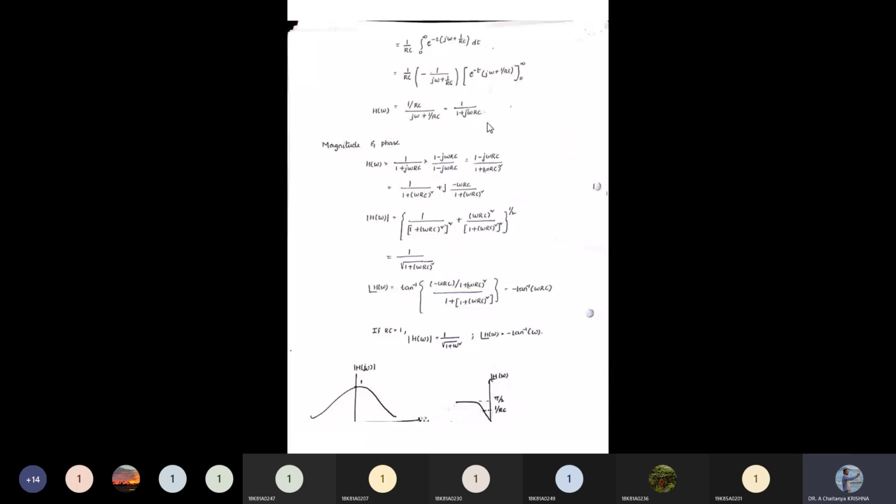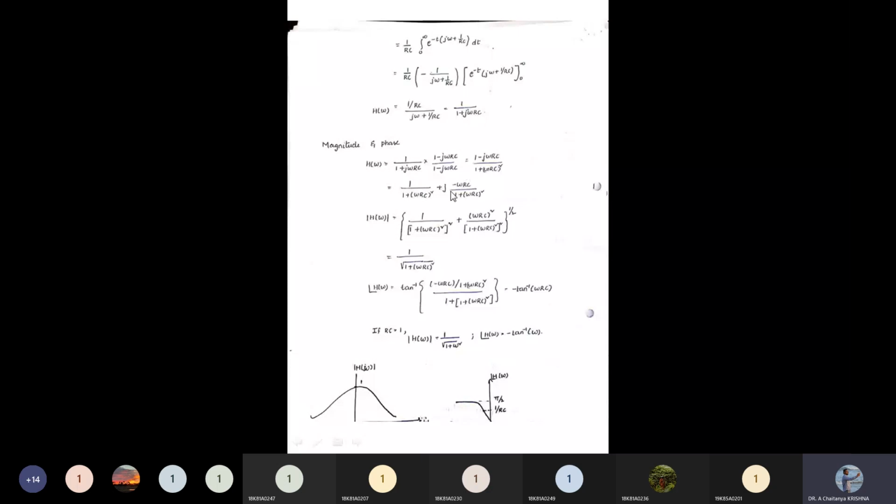Now for this we have to find the magnitude response as well as the phase response. How do we find the magnitude response and phase response? Rationalize it by multiplying with 1 minus j omega rc. Then it becomes a real part and an imaginary part.